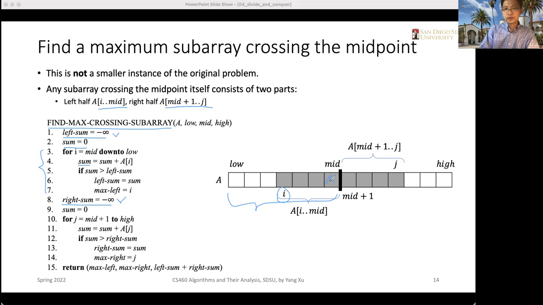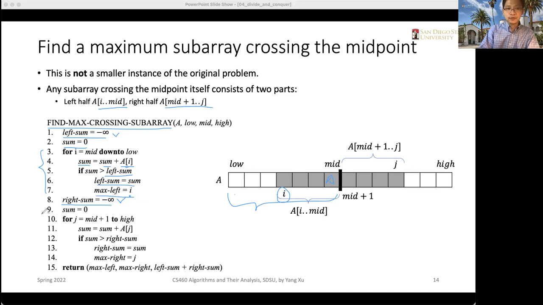When we scan over the left half of the subarray, we add that element to the summation variable. And if that summation is greater than the current left summation, we record the maximum summation, and mark the corresponding maximum index for i, right?